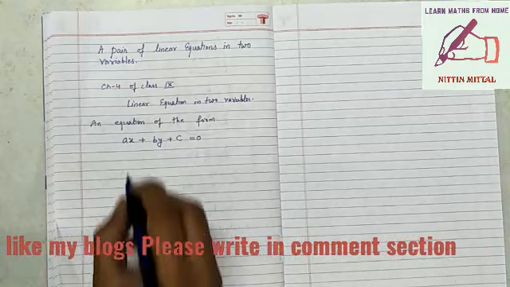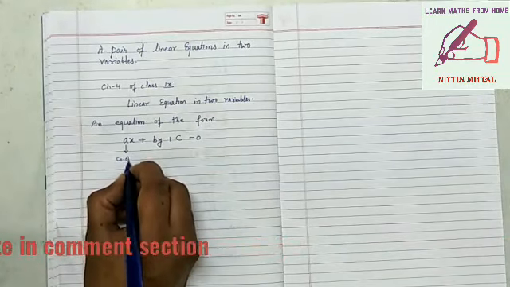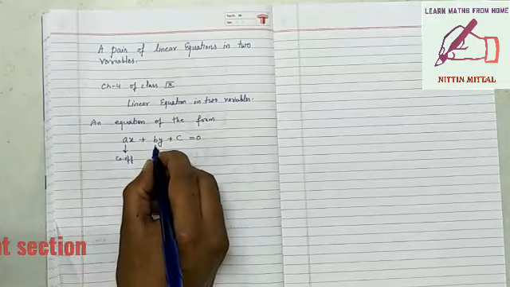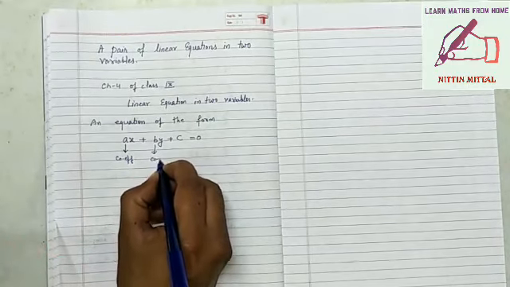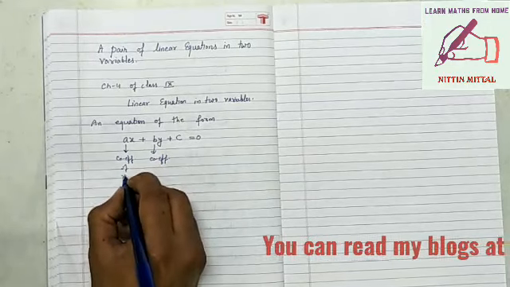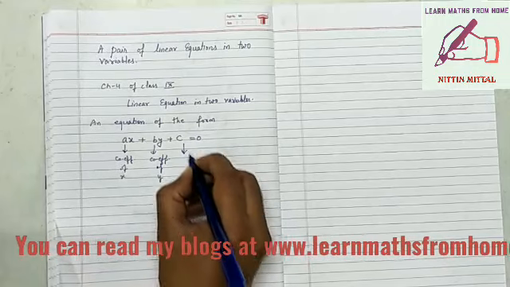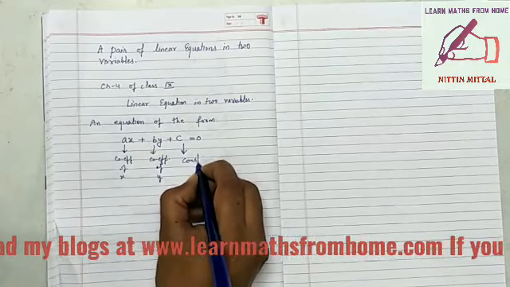Now if you notice, a is coefficient of x, b is coefficient of y, and c is a constant term.